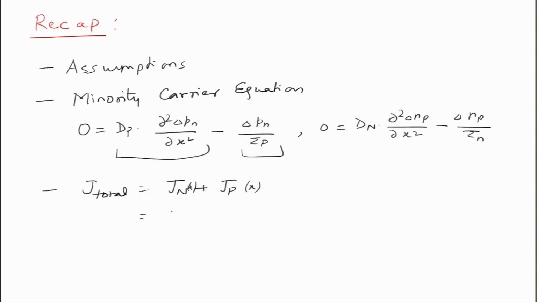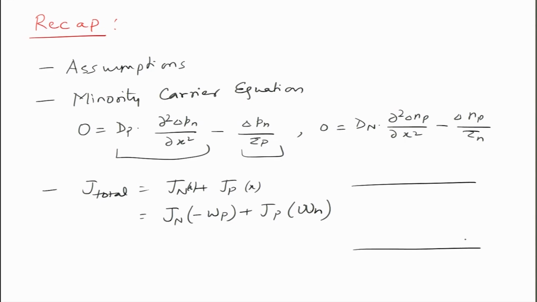And what basically it meant was, this is identical to saying that the current you have at minus Wp plus Jp at Wn also makes up this relation, because as we saw, if you have this as a depletion region, the total current goes like this, and similarly on this side the total current goes like this, and then it goes like this.